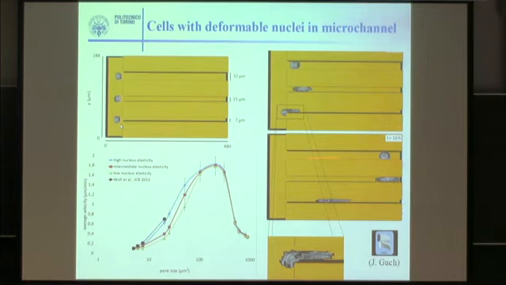The cell is, in some sense, elongated, and can exert more traction on the walls. I mean, this is my explanation.